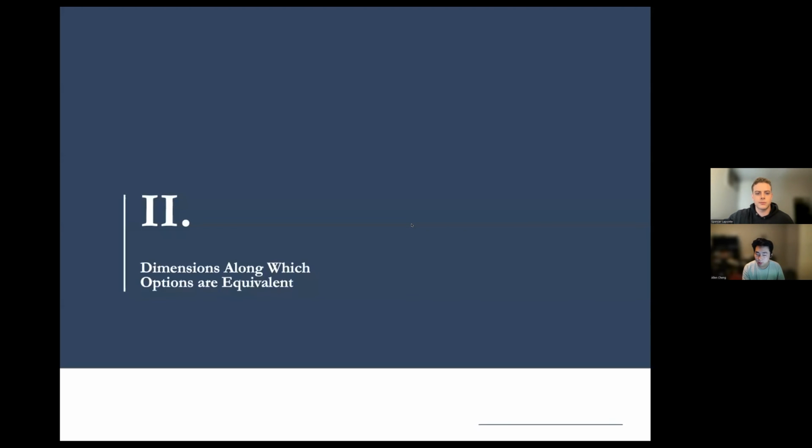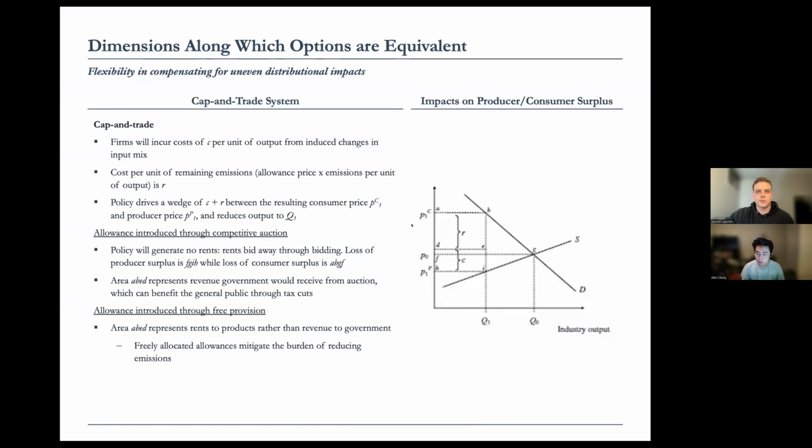Now we'll consider some of the factors that make the two policies, cap and trade in a hybrid system and carbon taxes, equivalent. The first argument is the uneven distributional impact. The author goes over a model, first in cap and trade, where initially P0 and Q0 are equilibrium with pure competition.